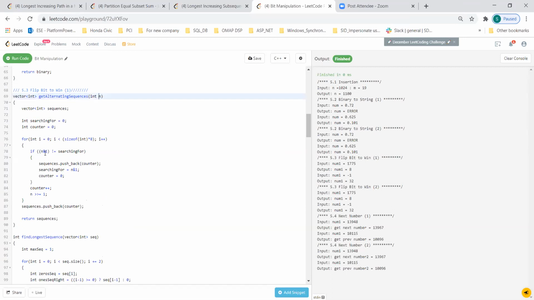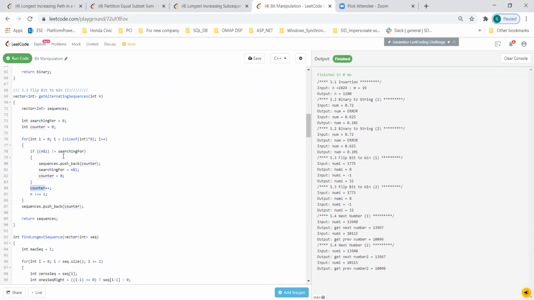First we start searching for zeros, and then we search for ones, right? Whenever we encounter the same value as what we are searching for, we don't go into this if condition, or else we keep on incrementing our counter.